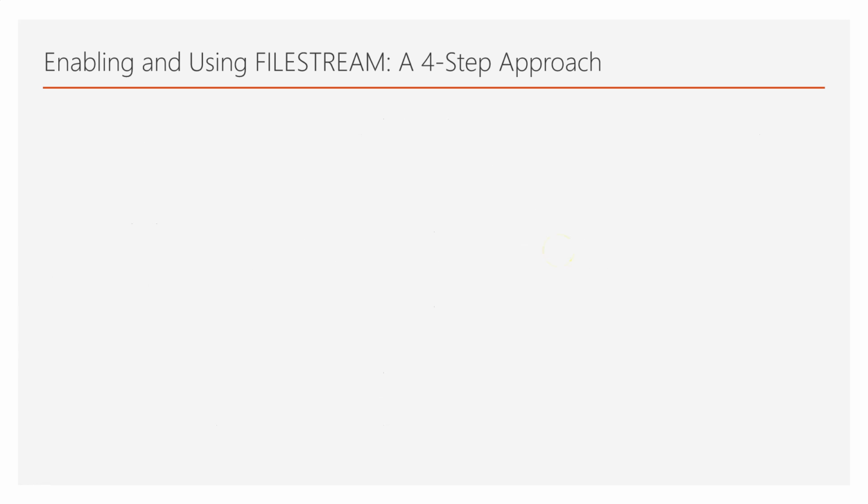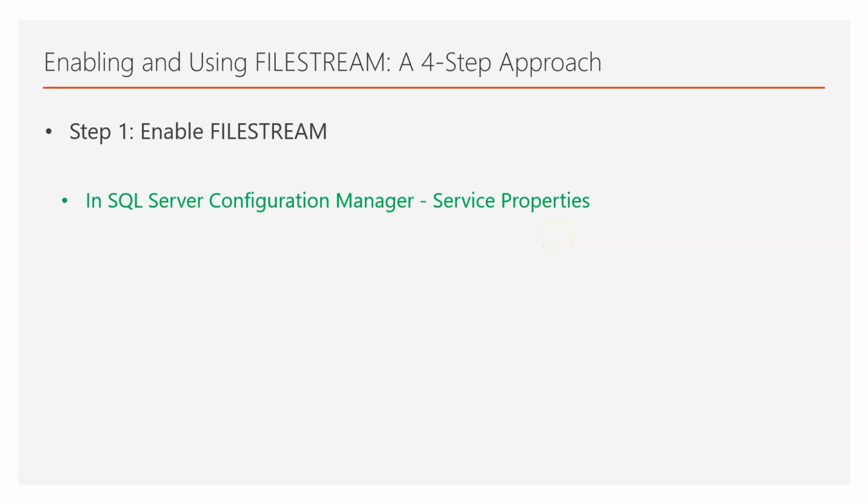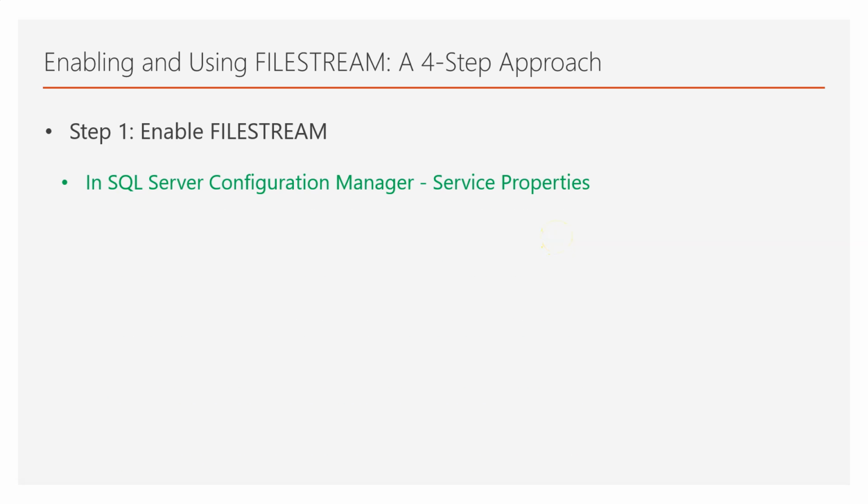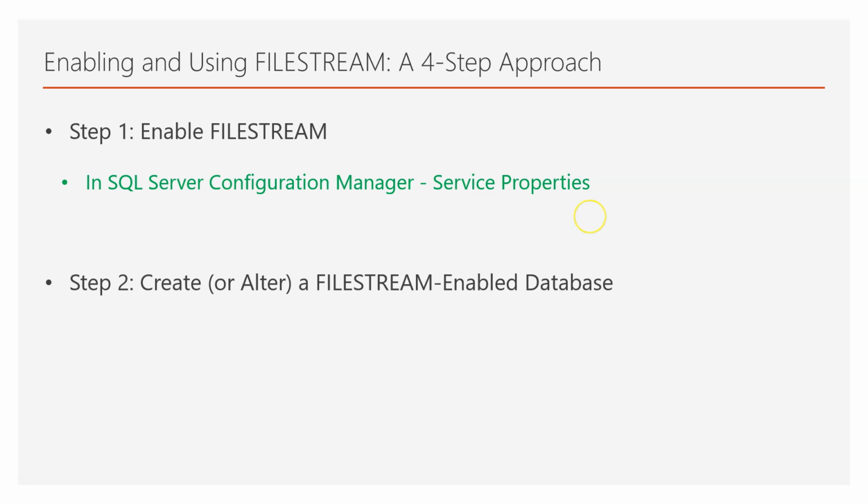So now let's talk about the process of enabling and using FILESTREAM in SQL Server, which is a 4-step approach. The first step is to enable FILESTREAM. To this end, you go to SQL Server Configuration Manager, open the service properties for SQL Server, and enable FILESTREAM from there. After that, you restart SQL Server and then you create or alter a FILESTREAM enabled database.